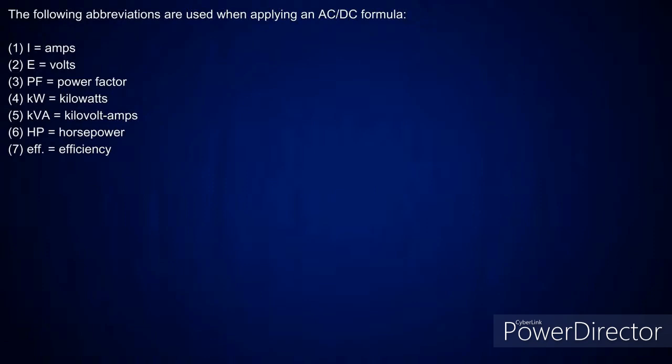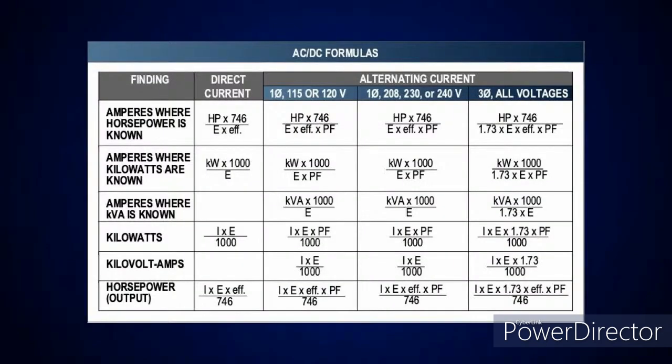Okay? So this is just a basic thing that we put together. It's in our publications. Basically we tell you what type of calculation it is, whether direct current or alternating current. Then you come over to the left-hand side and we tell you what it is you're looking for. Then you come across, based on whether it's direct current, a 120 volt circuit, a 208, 230, 240 volt, or anything three phase above.